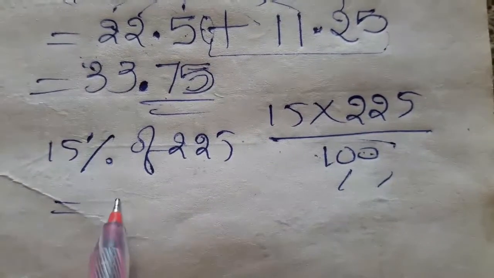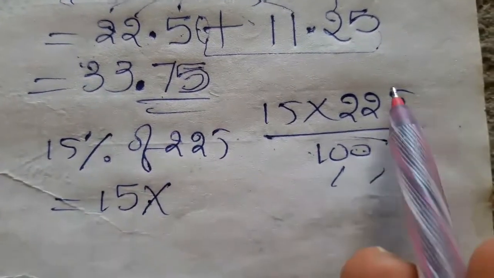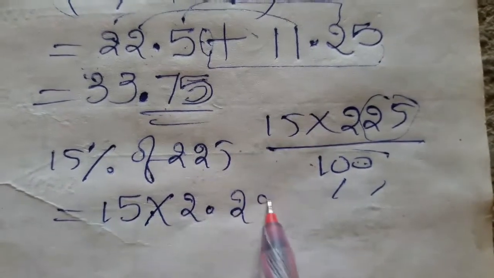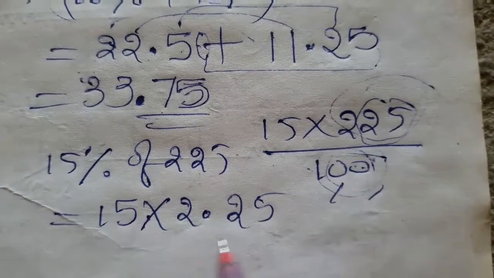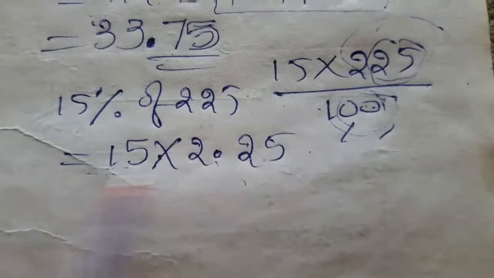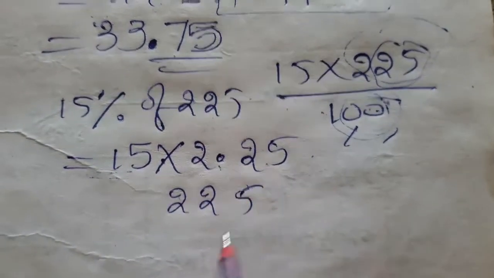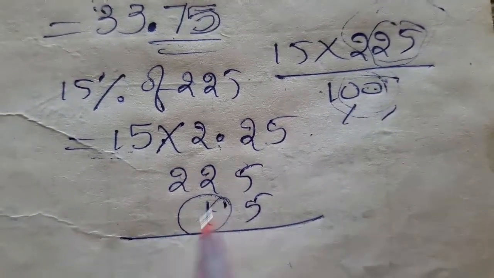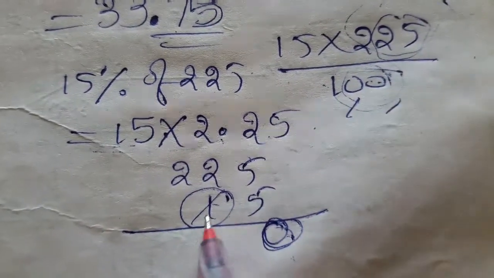So that becomes 15 into 2.25. Why? This 225 divided by 100 becomes 2.25. Forget about the decimal. Now multiply 225 and 15. I am multiplying the tens digit first, so that is why I would like to put 0.